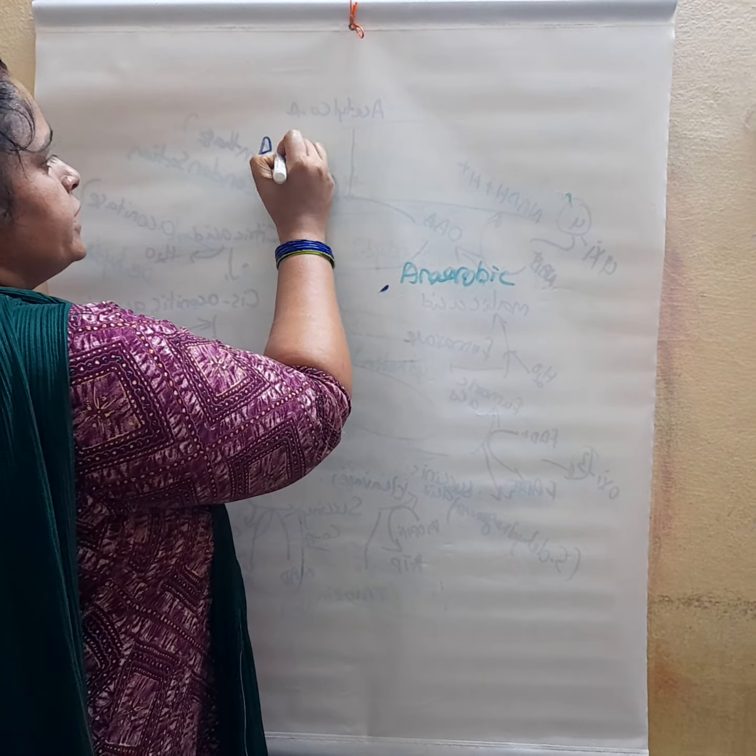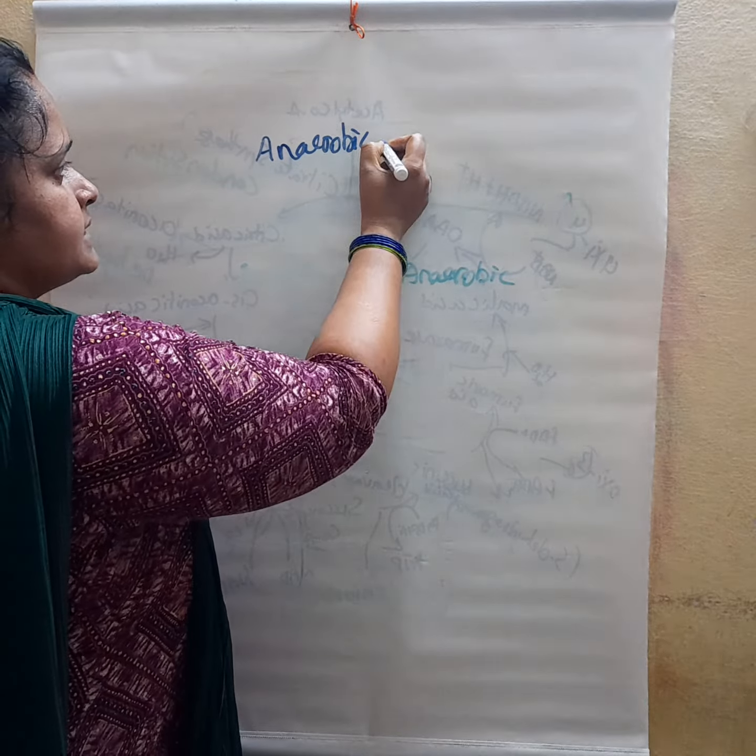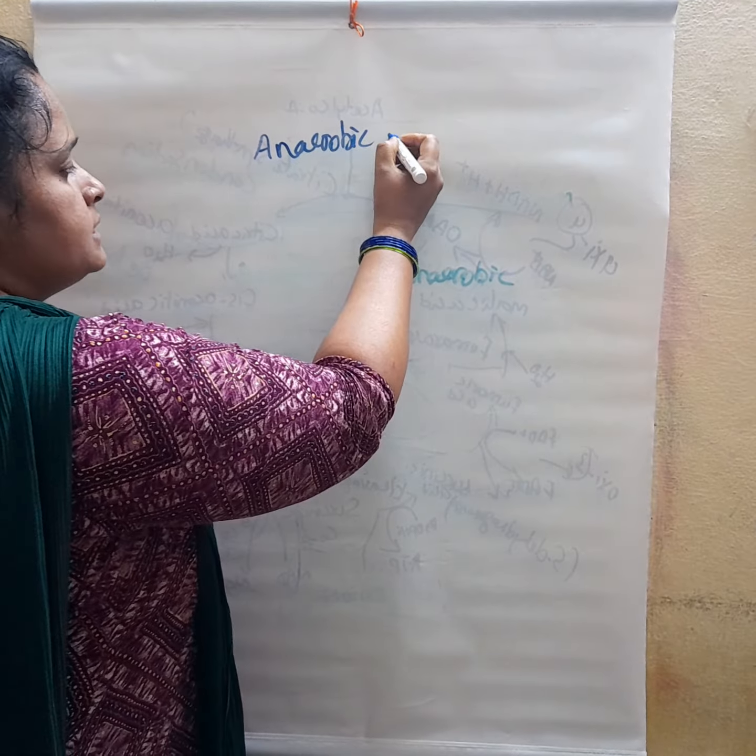So in anaerobic bacteria, where oxygen is absent, after glycolysis, pyruvic acid undergoes a process called fermentation. During fermentation, pyruvic acid, a 3-carbon compound, undergoes decarboxylation.